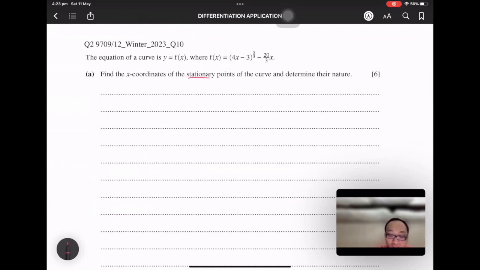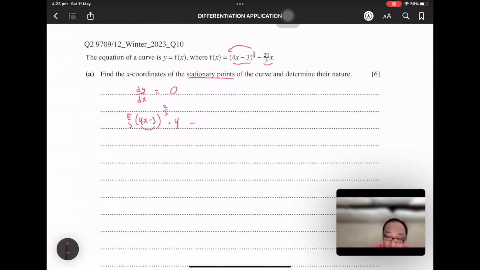So to find the stationary point, first we have to find the derivative dy/dx equals 0 for the stationary point. So we differentiate this: (4x - 3) to the power of 5/3. So 5/3 times (4x - 3) to the power of, we minus the power by 1, it's 2/3, then times the derivative of 4x - 3, which is 4.